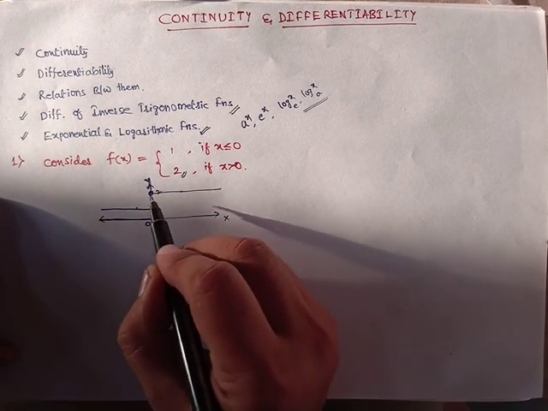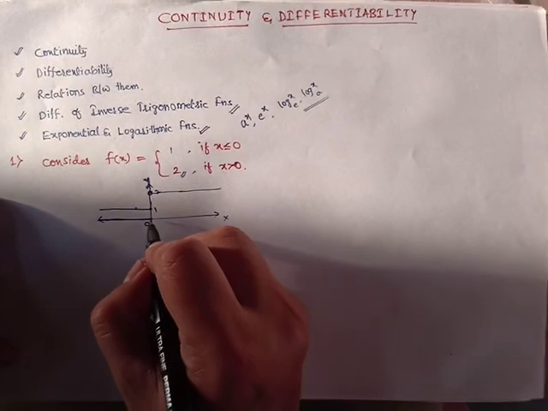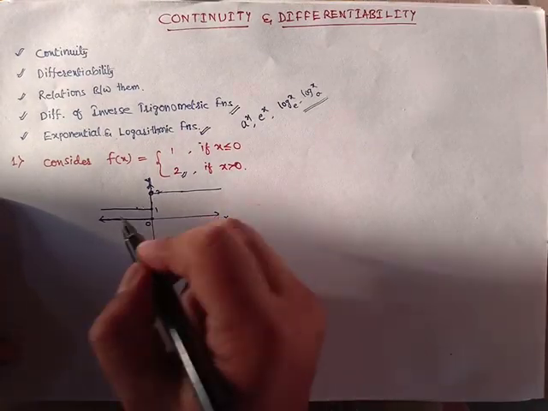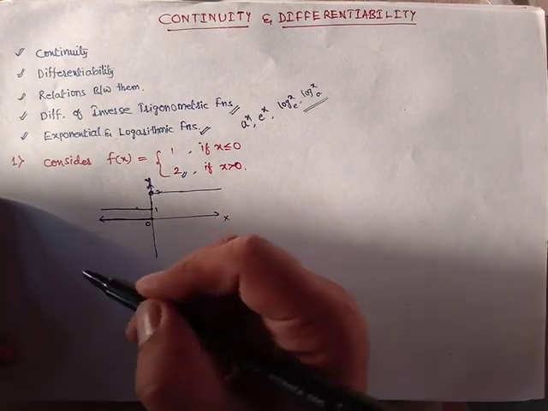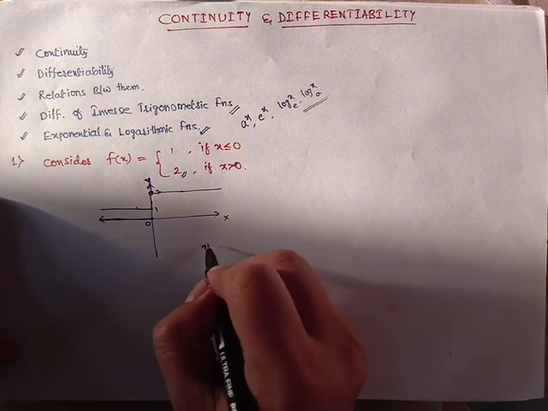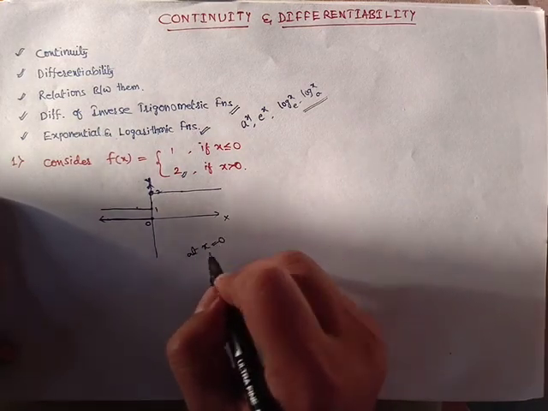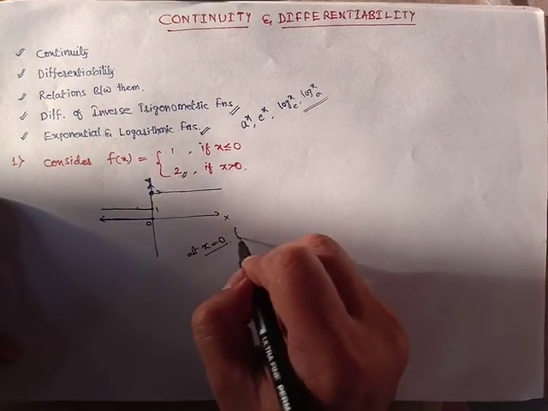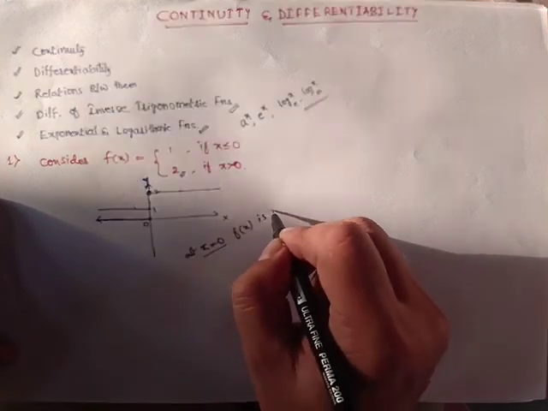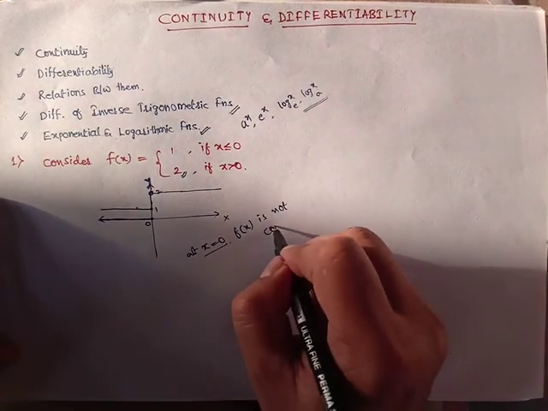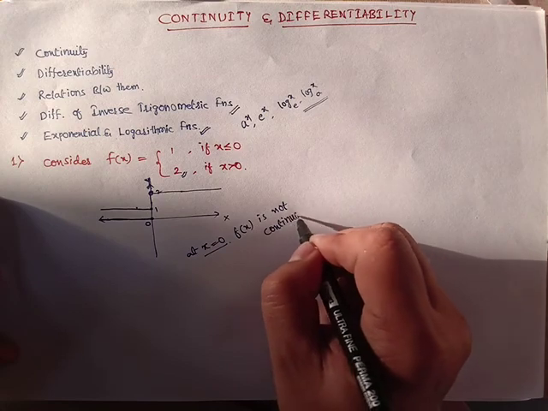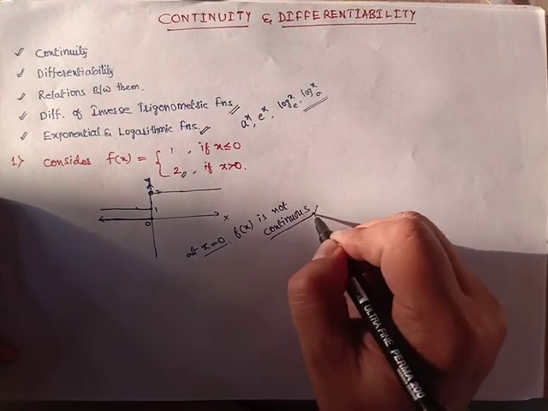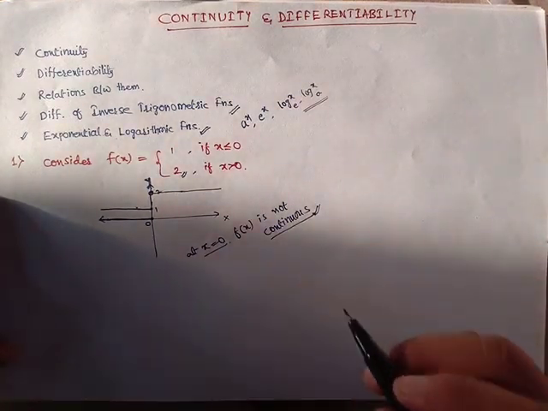At x equals 0, it is not continuous, since the pen is lifted. So at x equals 0, f(x) is not continuous, it is not continuously drawn.